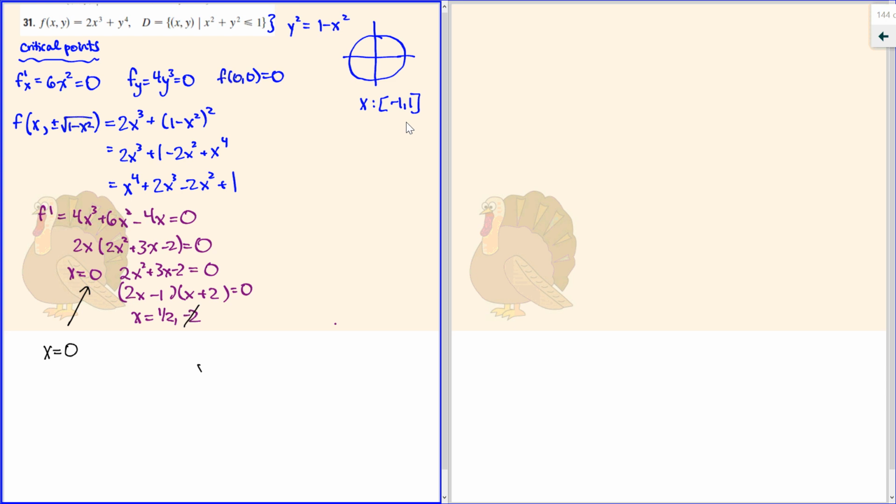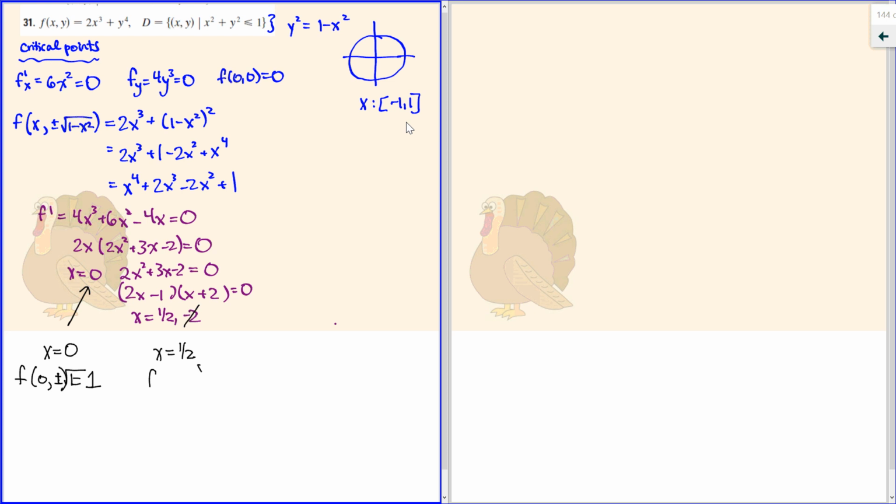And when I look at x equals 0, then I'm finding the value f of (0, plus or minus 1). So that's 1. And at f of (0, 1), we're just going to get 1.